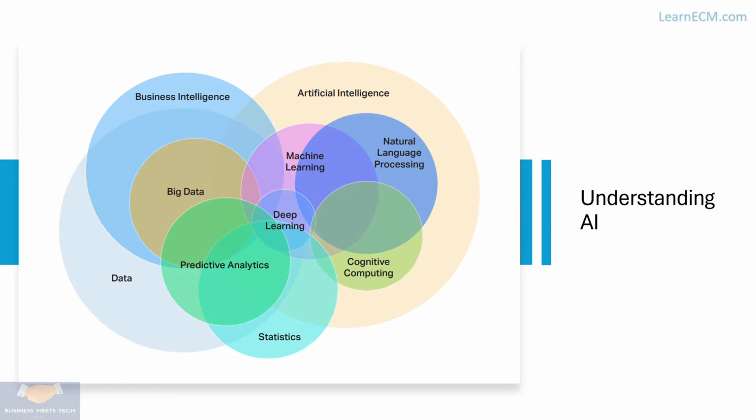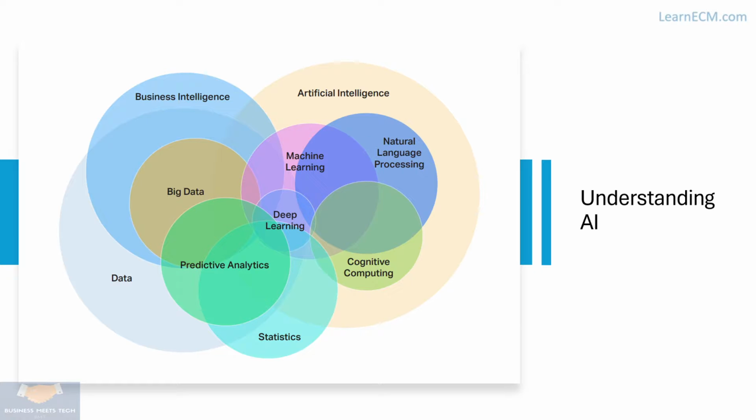So AI has found its way into numerous aspects of our life, from virtual assistants like Siri and Alexa to recommendation systems on streaming platforms. And with the integration of these large language models and generative AI, systems are powering breakthroughs in healthcare diagnostics, financial analysis, and even creative endeavors like art and music composition. So an AI system works by processing large amounts of data, identifying patterns, and making predictions or decisions based on that data.